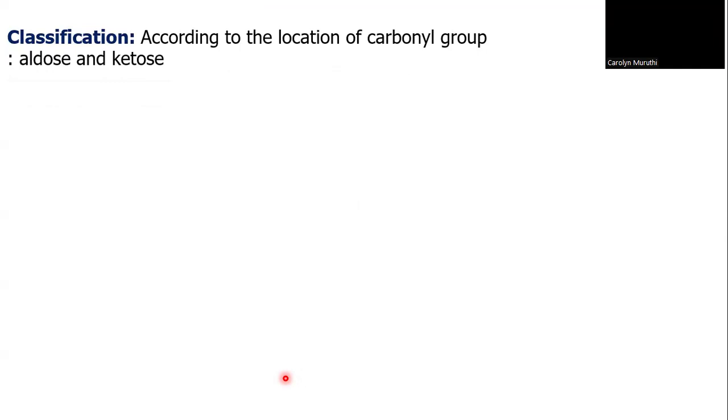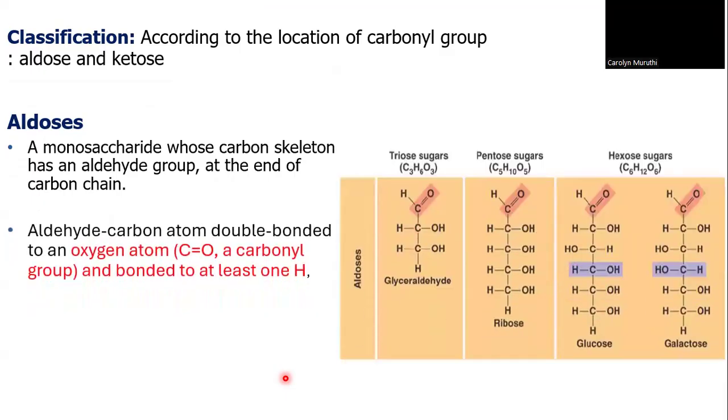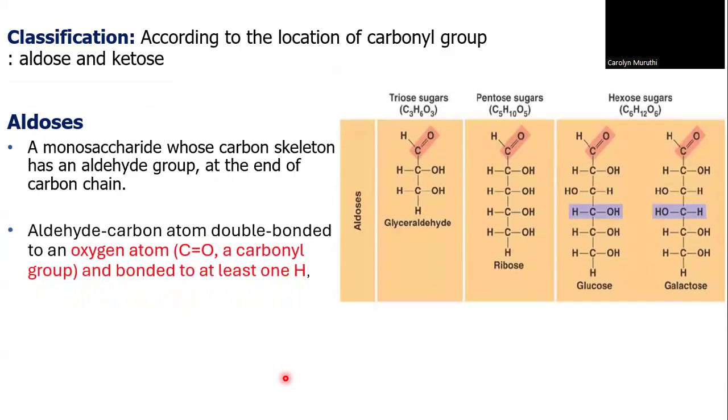Monosaccharides can also be classified according to the carbonyl group, and here we're talking about aldose and ketose. Looking at aldoses, these are monosaccharides whose carbon skeleton carries an aldehyde group at the end of the carbon chain.